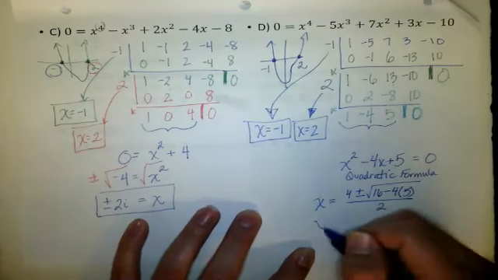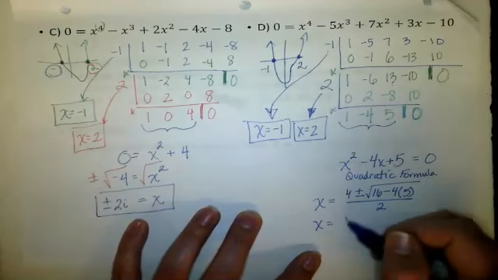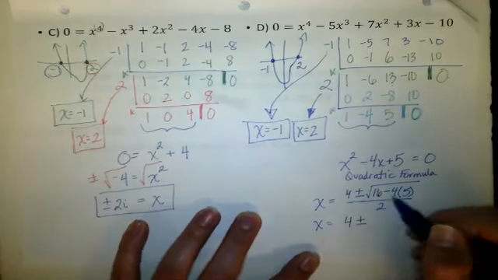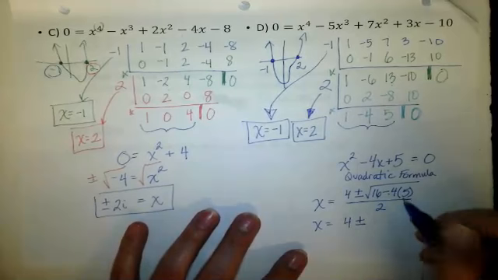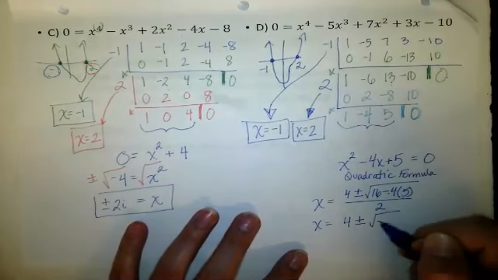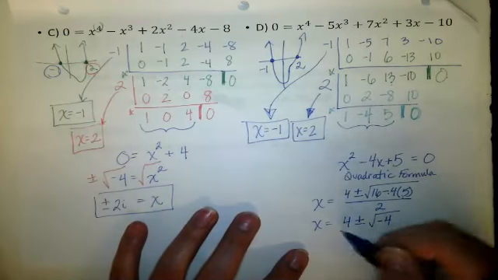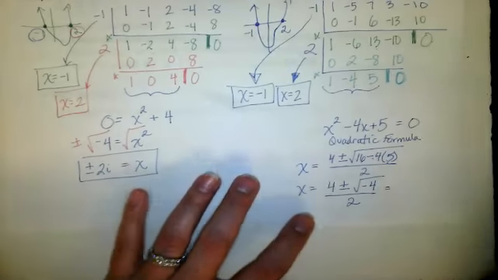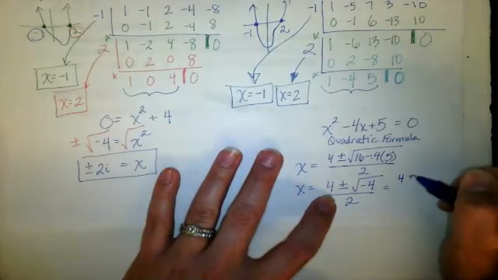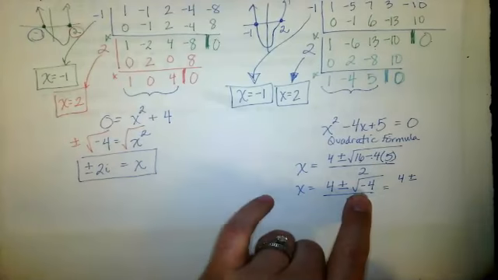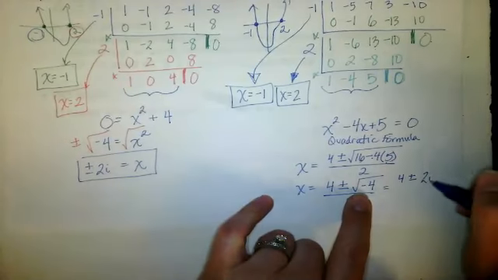All right, so for plus or minus, 16 minus 20 is -4 all over 2. And I want to clean that up a little bit. What is the square root of -4? 2i.